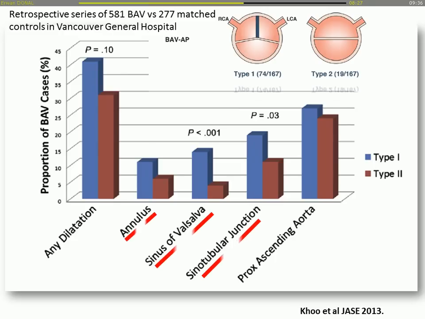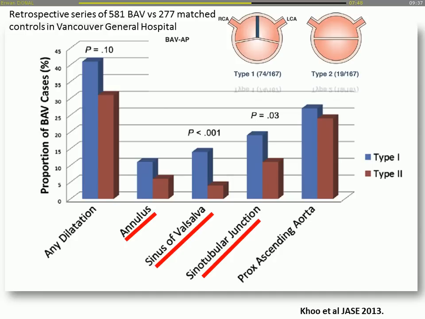And it has been demonstrated also by Koo in Jays in 2013 that if you have a raphe, as compared to if you don't have a raphe between the left and the right cusps, you have an increase in prevalence of dilatation of the annulus of the valve, of the sinus of Valsalva, and of the sinotubular junction. So it's very important to make the diagnosis of bicuspid aortic valve if we have a raphe, because the presence of the raphe makes the diagnosis more difficult.